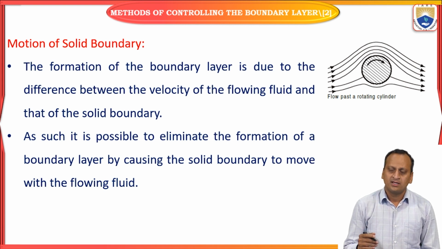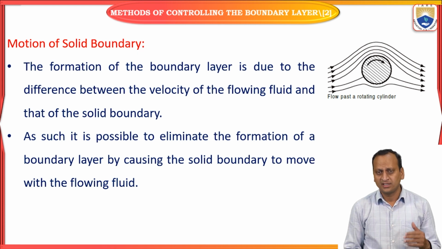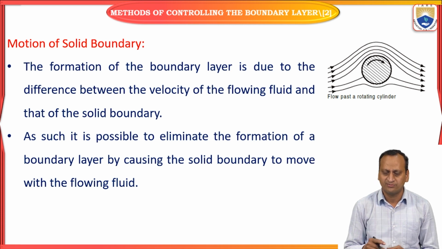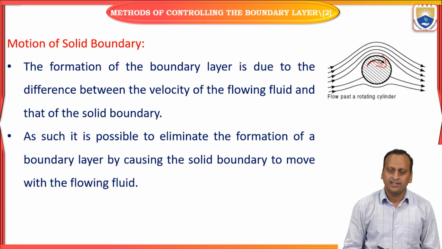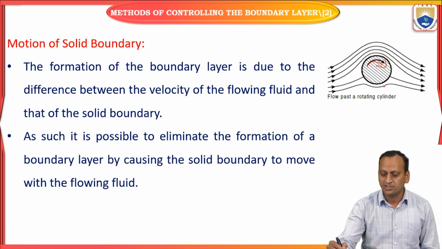In a flowing fluid, if the solid body is kept stationary, then there will be a formation of a boundary layer. But if it is moving, there is less chance of formation of a boundary layer. In one direction there will be no formation of boundary layer, but in the other direction there will be.